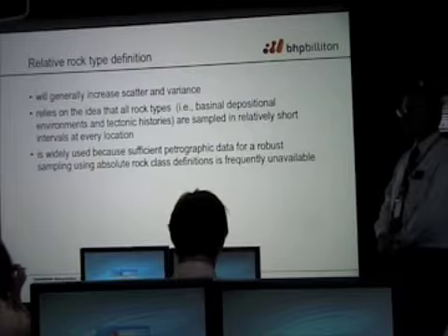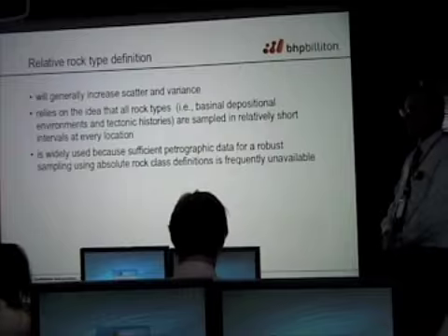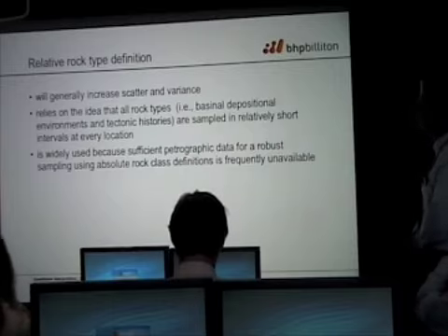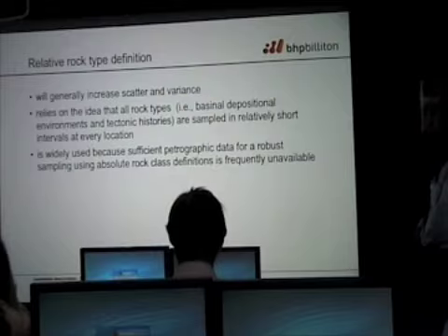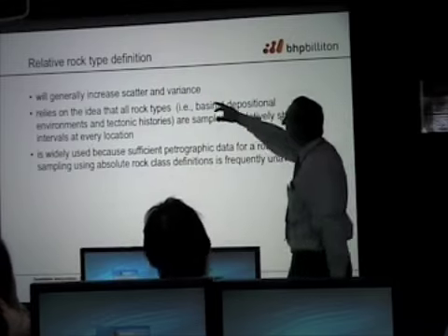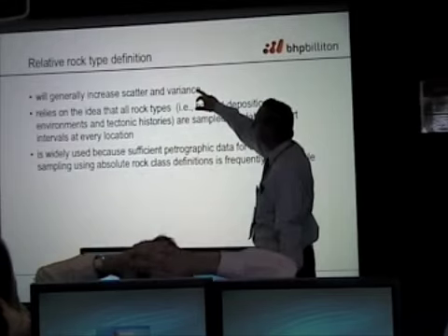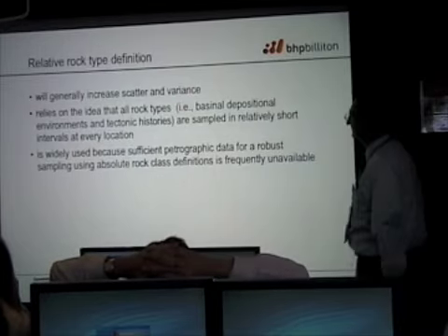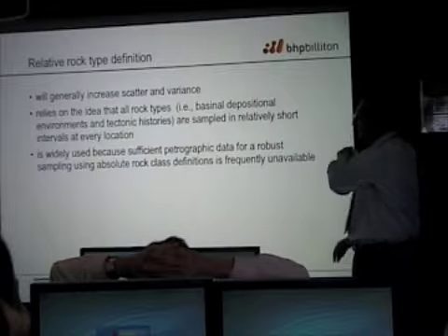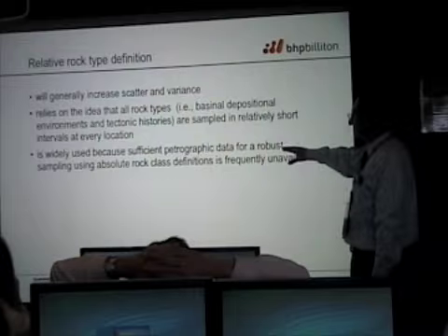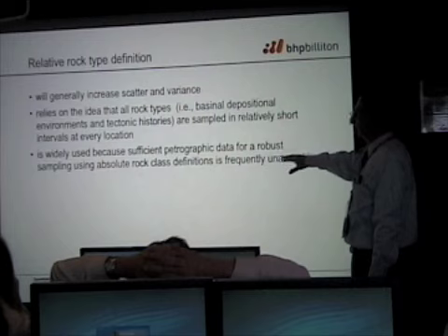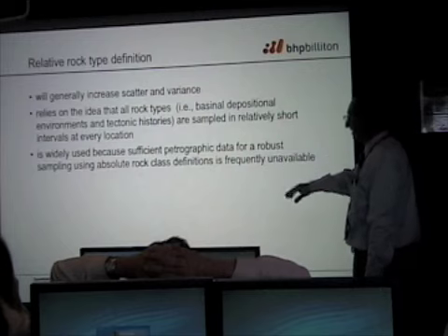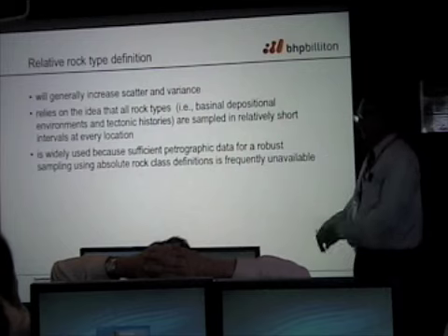You'll have core, you should look at it. Relative rock type definition will generally increase the scatter and the variance. I think you can understand that. Why? It relies on this idea we talked about. And it's widely used because sufficient petrographic data for a robust sampling using absolute rock class definitions is frequently unavailable.